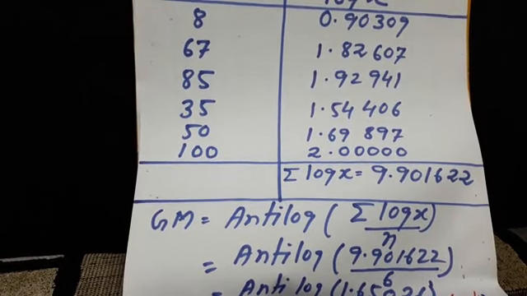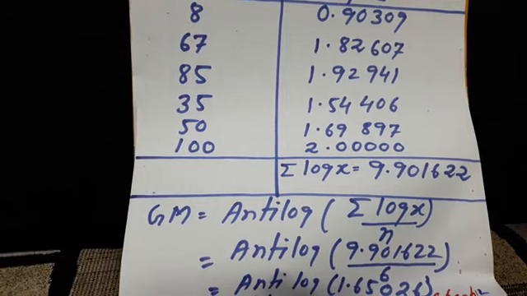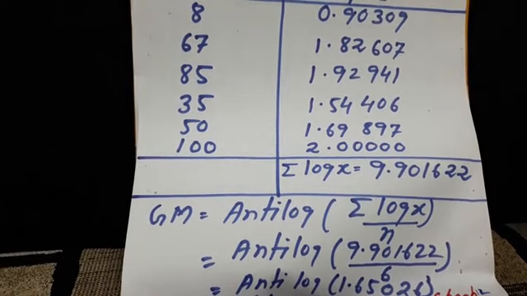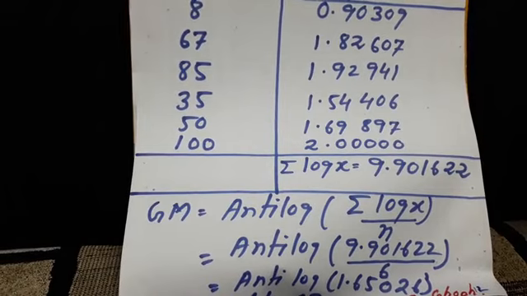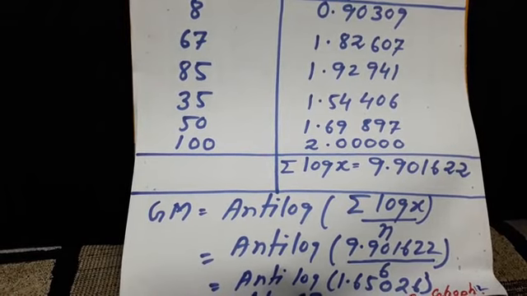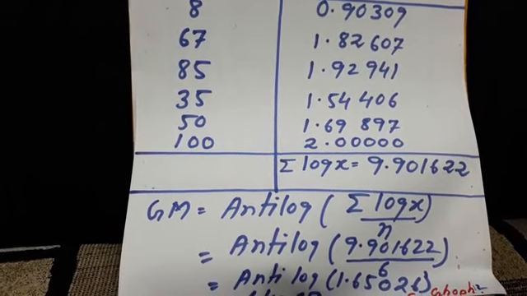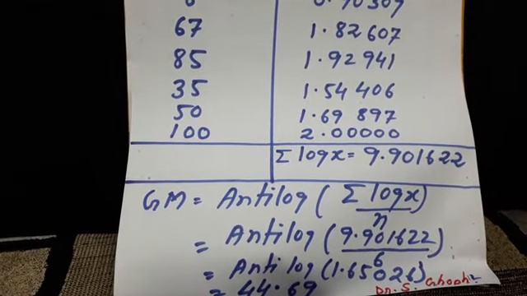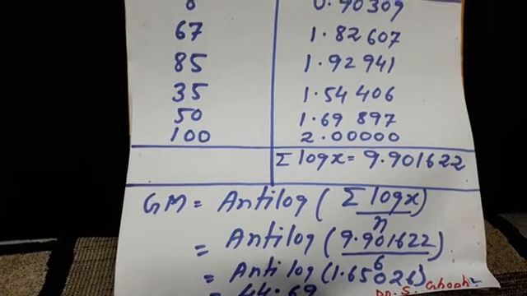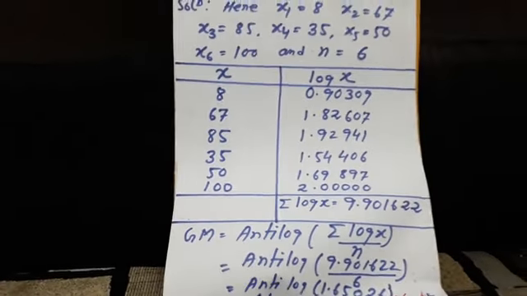Now apply this method. So the antilog of this 1.65026, I have already calculated to save time or to save data. Okay, now this is the result, 44.69.